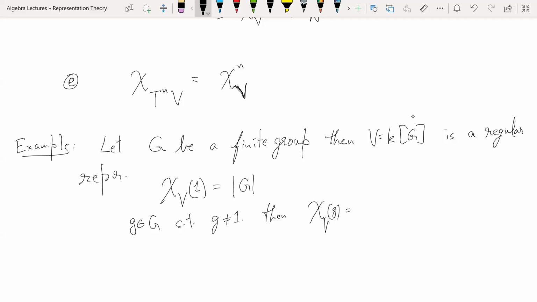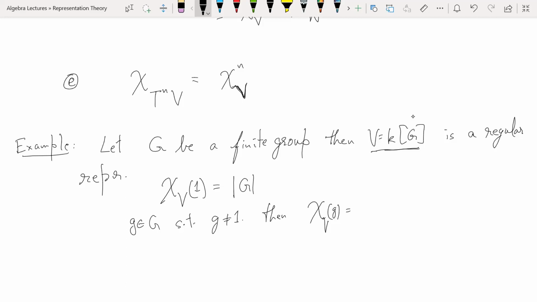And there is a natural basis of this vector space, which is basically the elements of G. And we know how this works out. It is a permutation representation. When we were discussing this the first time, I told you that this is a special case of permutation representation. So with respect to this basis, where your basis elements are elements of G, this is a permutation matrix.